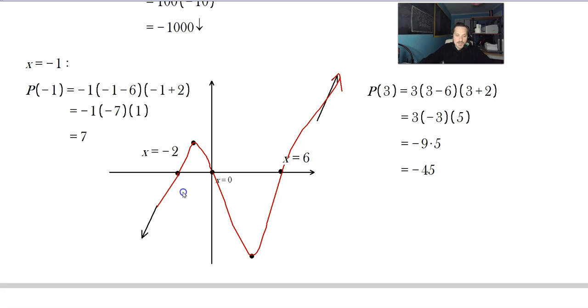For example, I used x equals negative 1, so I plugged this value into the function just to see what the output was. I also used x equals positive 3 from here, like this location, and I plugged it into the function. I saw the output was down below at negative 45. So this is how you would do this by hand.